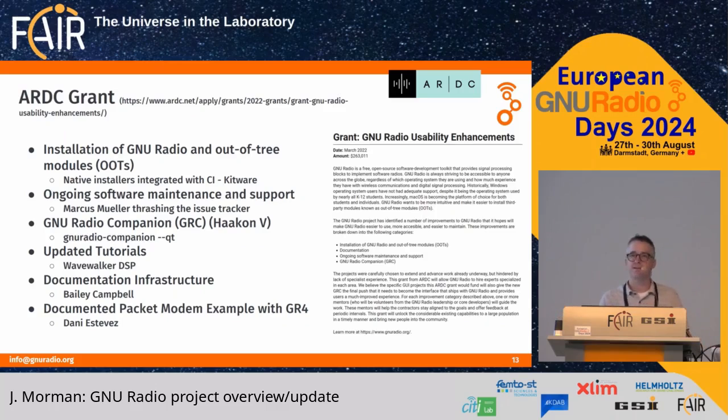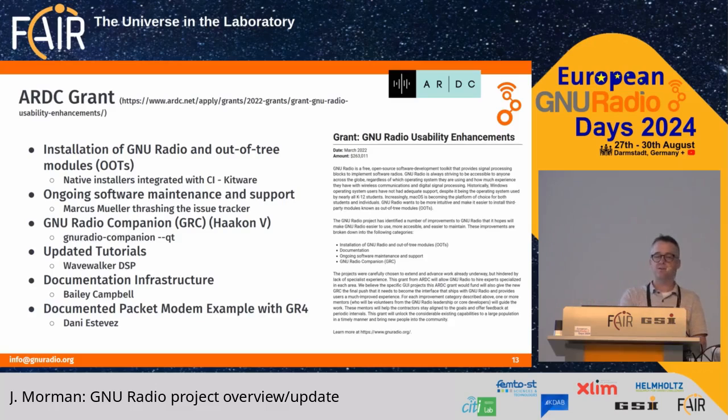Some of the things that have happened under this funding: one is the ability to install GNU Radio and out-of-tree modules using native installers. Right now, you can install GNU Radio on Windows through Conda. That's not necessarily accessible, say, in an educational setting. But the ability to just download GNURadio.msi and, let's say, grwifi.msi and install those just like you would any other Windows program.